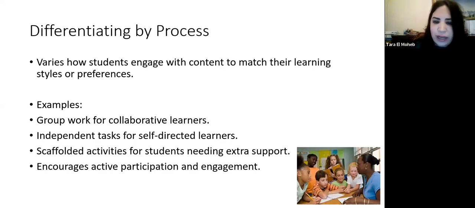Independent tasks for self-directed learners. Independent means students learn at their own pace. Scaffolded activities, the ZPD, are very important. Why? Because when you give the student a little push, the student can do it alone.